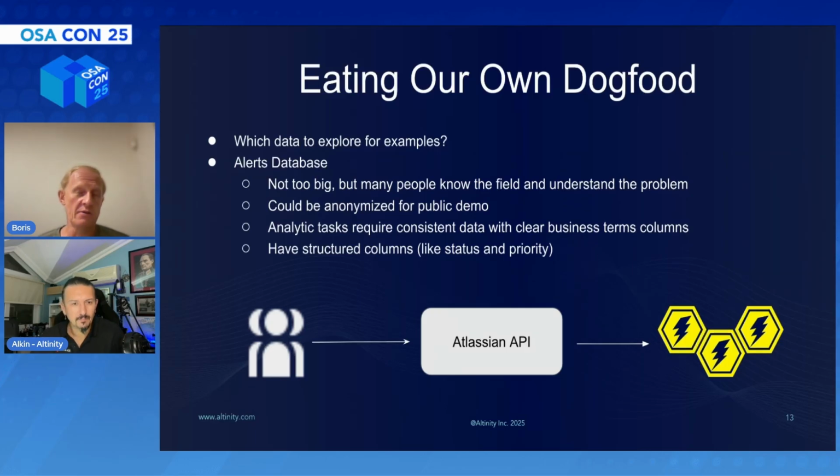But first of all, we should create our own solution and use it in real life. So we decided to use our alert database to explore data through LLMs. It's a good database, not too big, not too small, and many people understand the problem and could try and check it.